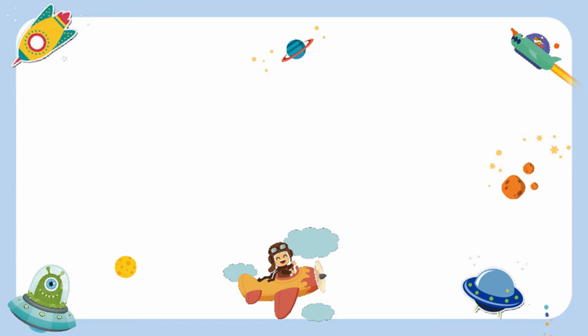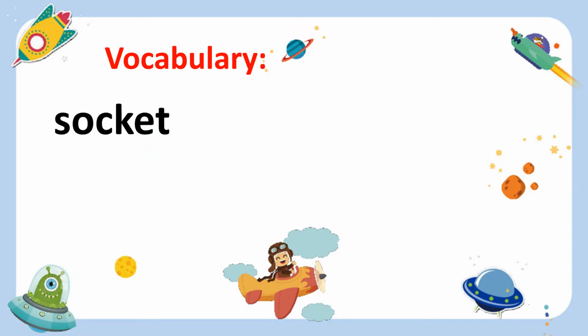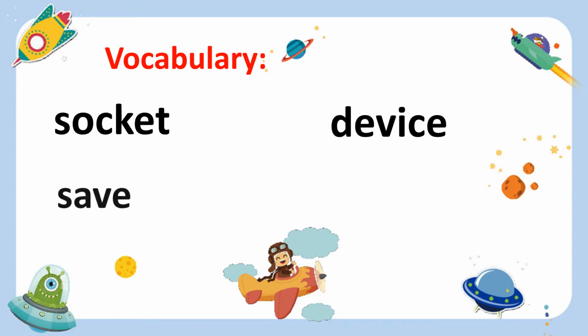Before we proceed to our lesson, let us read first our vocabulary words. Okay, let us read together. Socket. Again, socket. The next word is device. One more time, device. Next is save.